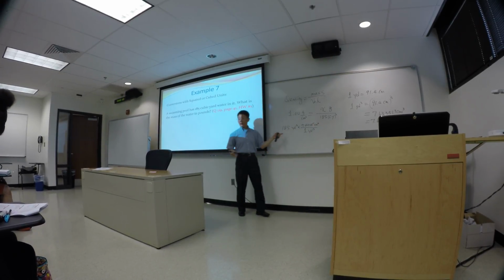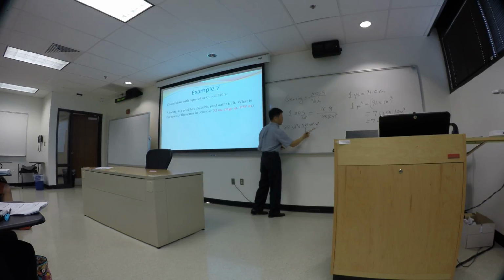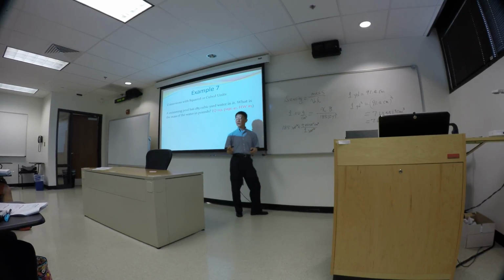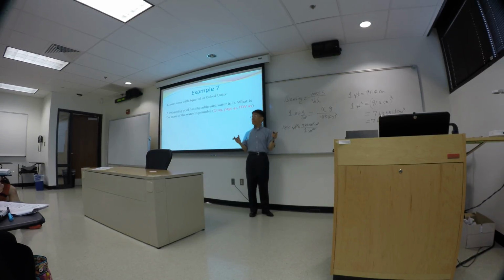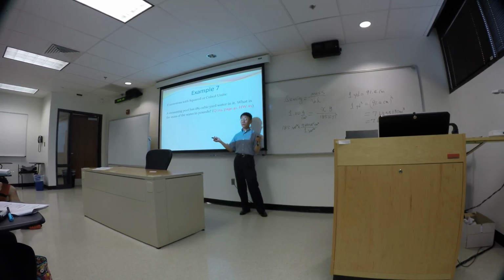Now if you do this calculation, cubic yard cancels out, and that's the number 185 times 7.64 times 10 to the 5th. That's going to be the volume of the water in this swimming pool in cubic centimeters.